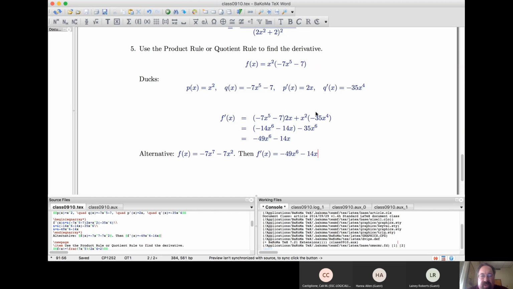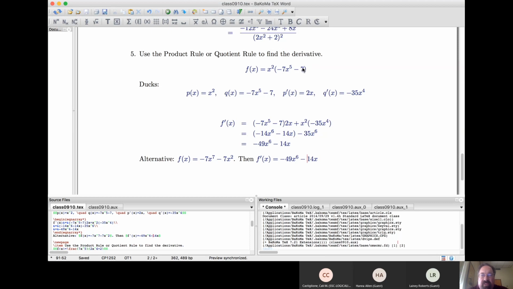So I want to keep that in mind. If you see a case like this where you could just go ahead and, if you would prefer to do it this way, there's really nothing to stop you. On the flip side, though, if you have a function that's much more complicated like this, and there will be some as we go through the semester, where multiplying it out would also be quite unpleasant, in that case, you might as well deal with a product rule after all.